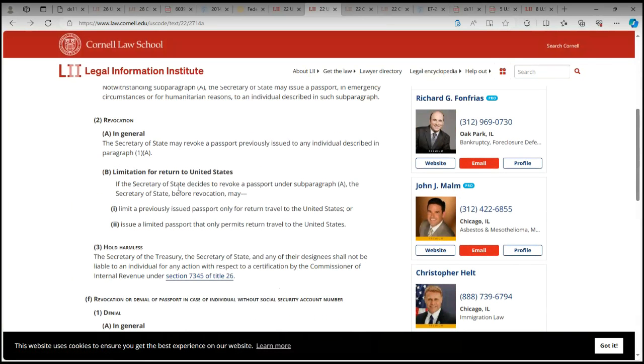If the Secretary of State decides to revoke a passport under subparagraph A, right, this one, the Secretary of State, before revocation, may limit a previously issued passport only for return travel to the United States, or issue a limited passport that only permits return travel. So this is only coming back.